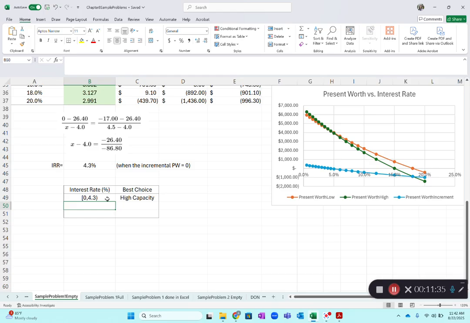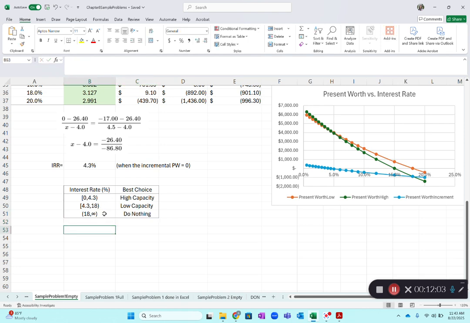And then from 4.3 to 18, I'm going to say choose the low capacity cart. And then from 18% to infinity, I'm going to choose no option. So I'm going to say no choice or no alternative. Or should I say do nothing? That maybe is better. Okay, so I'm going to say nothing.